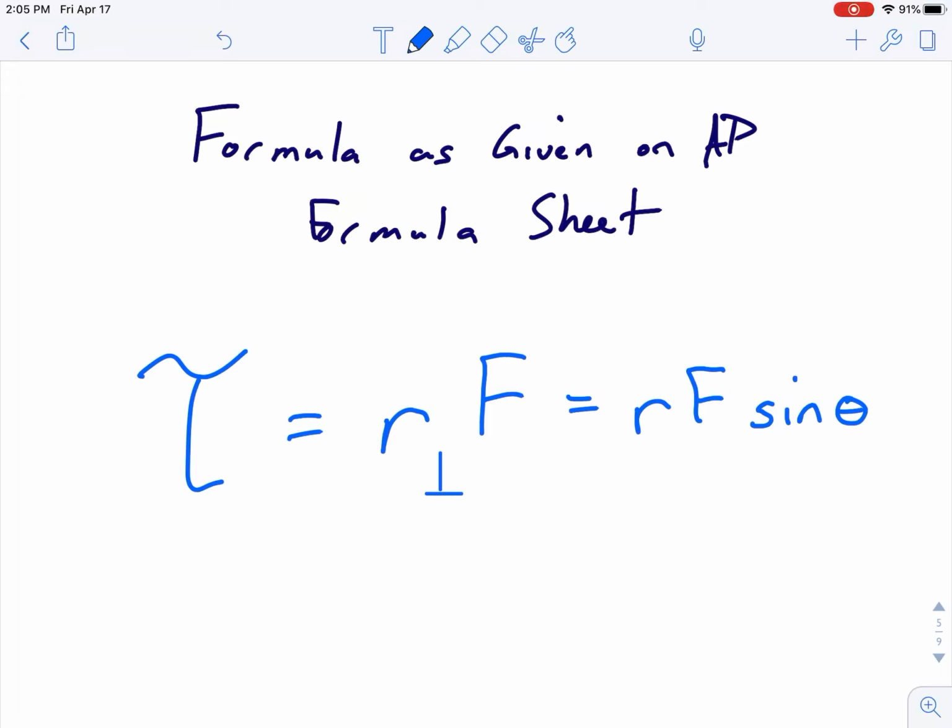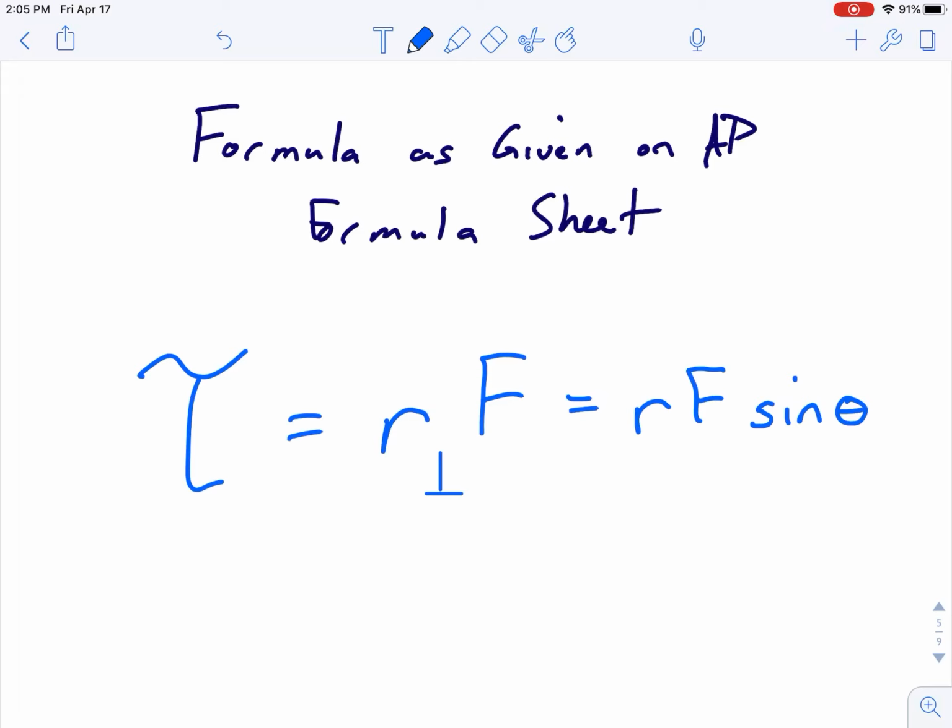And so if you do sine of 90 degrees, you get 1, which maximizes r times f. If r and f are parallel to each other, or in other words, if you are pulling on that door away from the hinges in a silly sort of way, well, now your angle is 0, and sine of 0 is 0, and that tells you you're getting no torque in that situation.